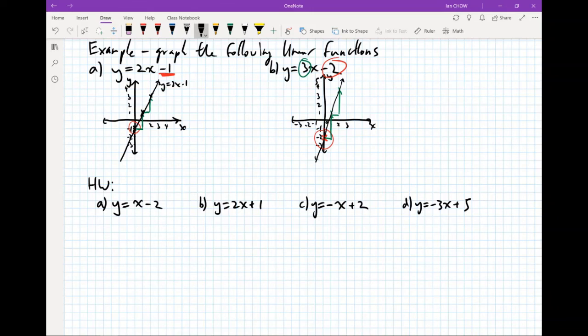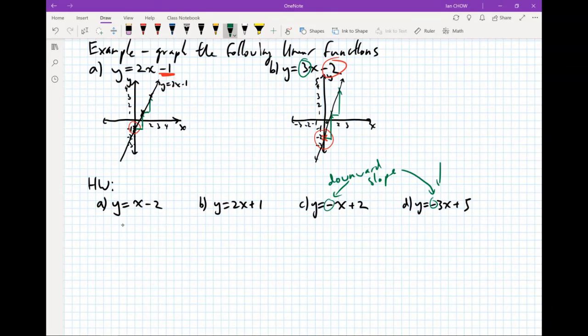Now remember, I just want to keep a note. If it is negative over here, it means that the slope is going downwards, a downward slope. Okay, so that's the negative sign. For 1 across, if it's negative x, it will be 1 across and 1 down. If it's negative 3x, it will be 1 across and 3 down.